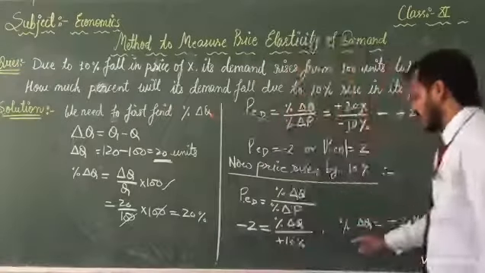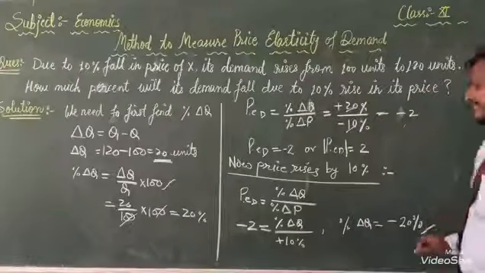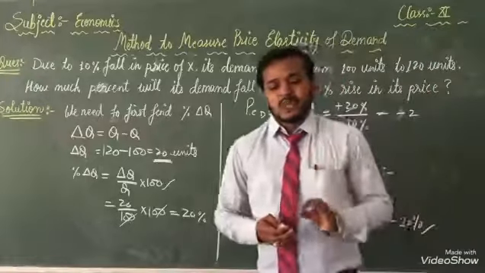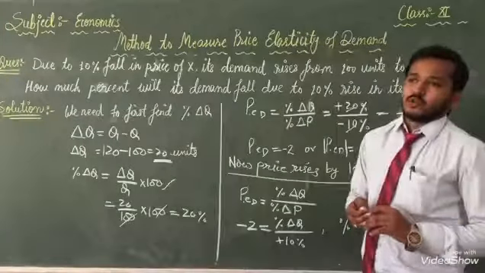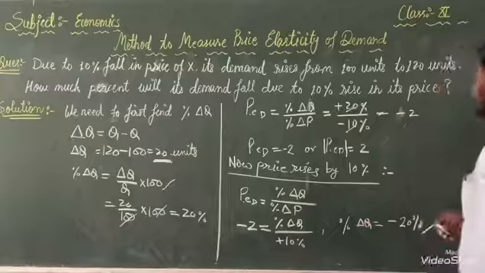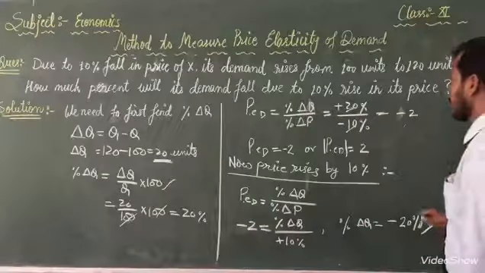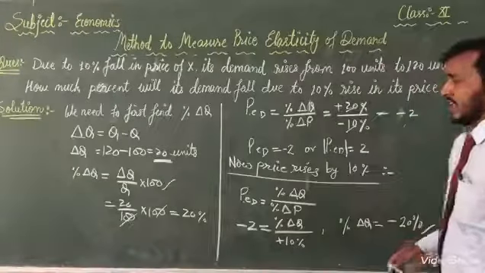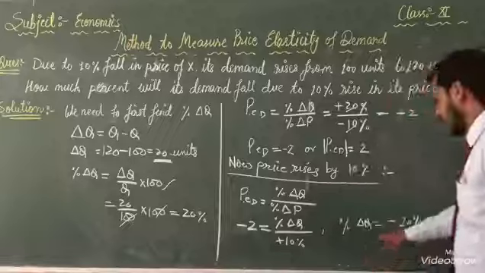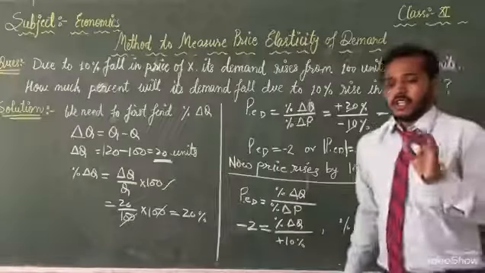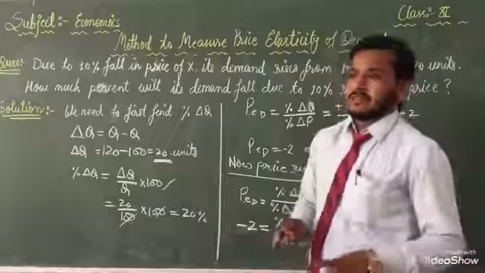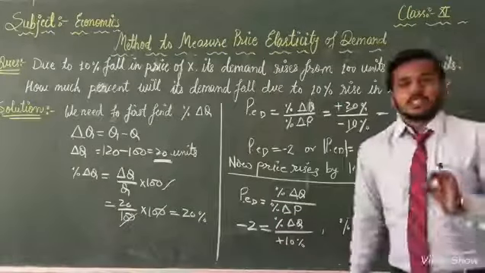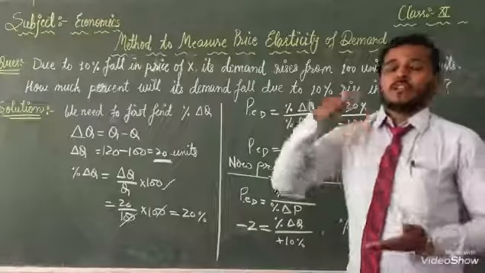We have to write: quantity demand of the good falls by 20%. This is the reason and this is the solution of the question. If minus is given in your answer, then you have to tell it is a fall. If the answer comes in positive, then you have to explain it is going forward, means increasing.